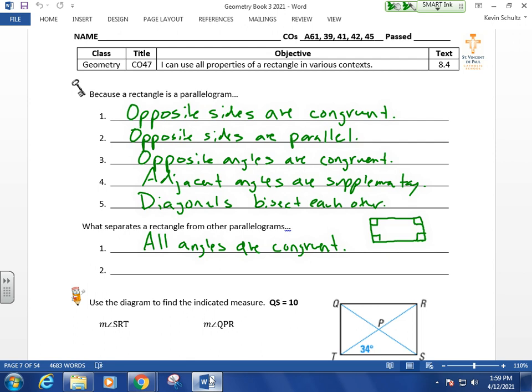The other thing, anybody have a guess as to what the other thing? It has to do with the diagonals. The other thing that separates a rectangle from a rhombus in particular. They don't form a right angle when they bisect? They do not form a right angle. That's not what it is, though.